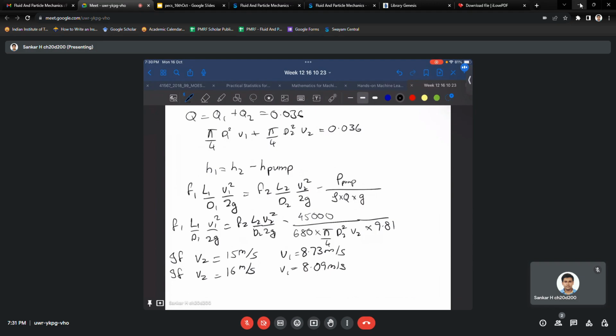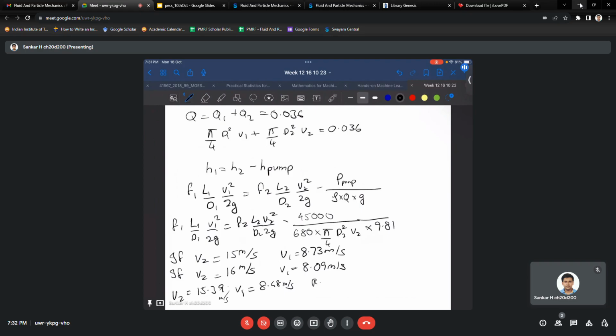So there is a particular V1 and V2 which corresponds to a value in between this. V2 is somewhere between 15 and 16. So if V2 is 15.39, V1 would be 8.48. This is in meters per second.